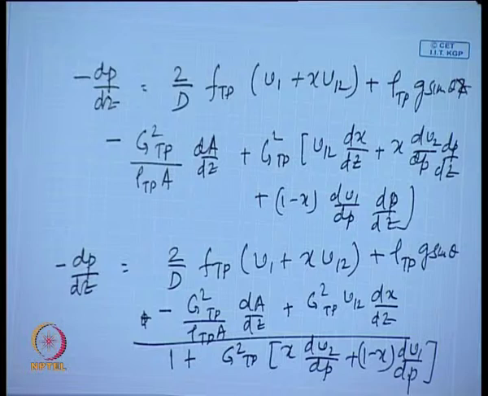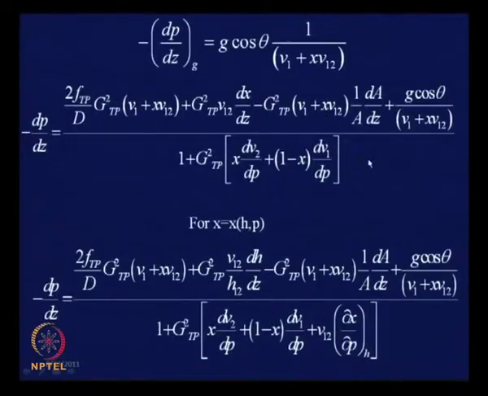This is the final expression that we get for calculating the pressure gradient when two phase flow is occurring under homogeneous flow condition. The entire thing has been written down in this particular slide.